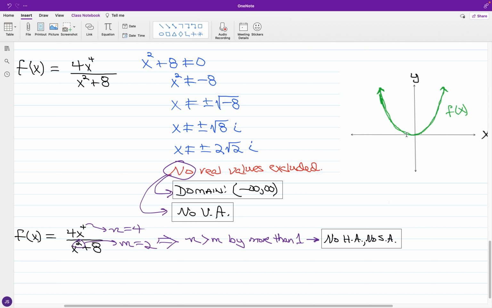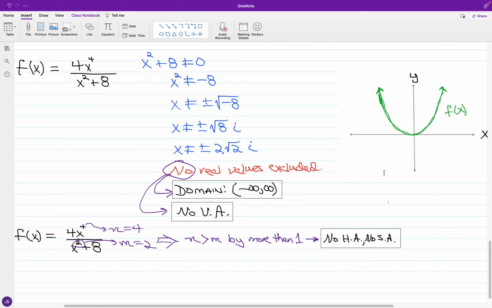And there are no vertical asymptotes, because the graph is moving upward and continuously both to the left and to the right. So this is a rational function that is not constrained by any asymptotes.